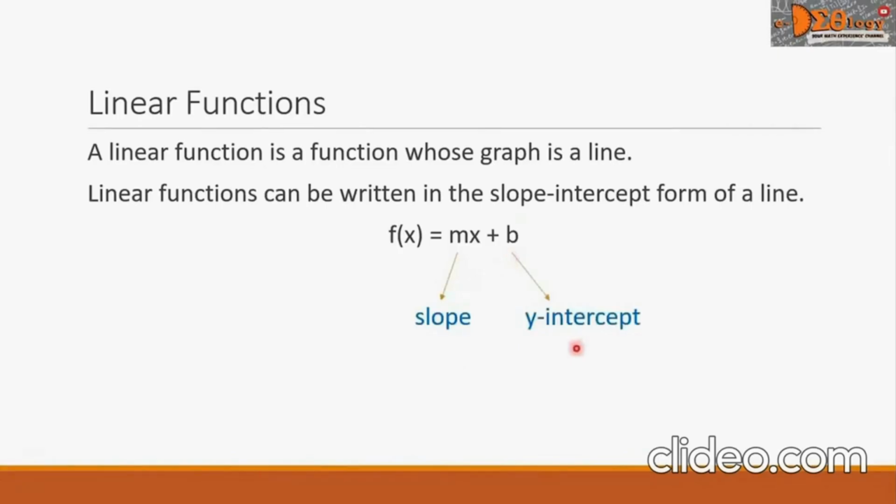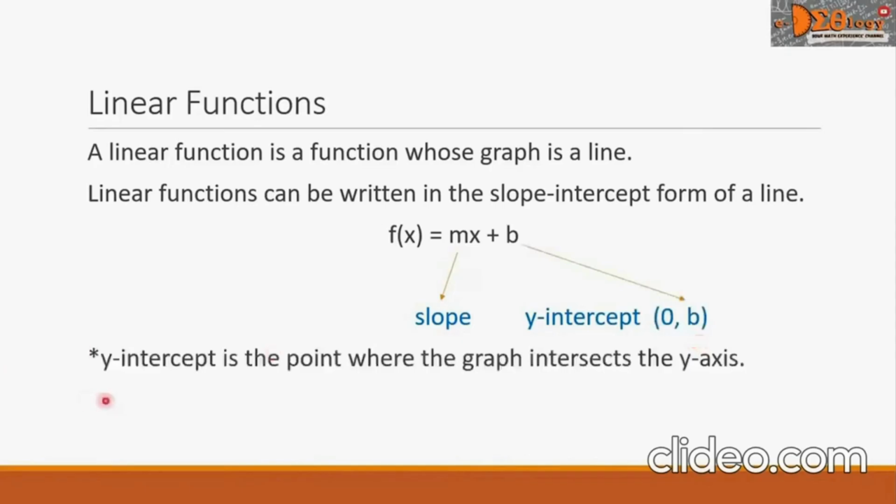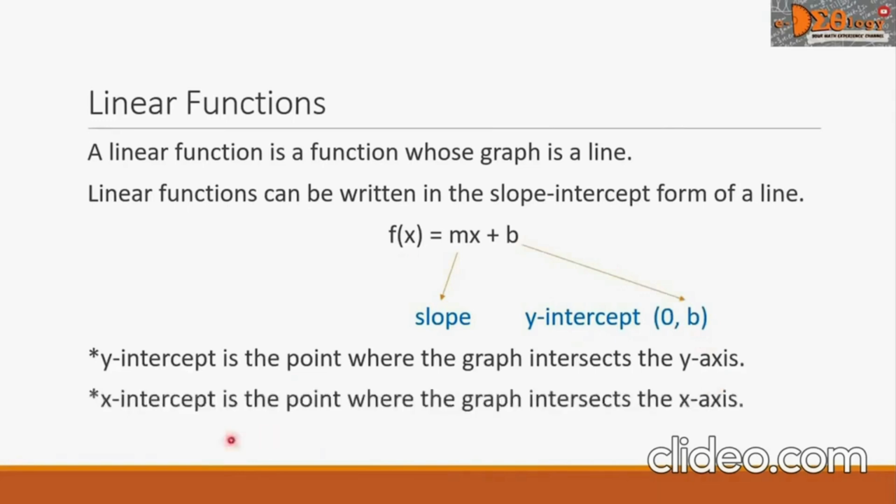Showing the ordered pair, we can write 0, b. As defined, the y-intercept is the point where the graph intersects the y-axis. Also, there is the x-intercept, and that is the point where the graph intersects the x-axis.